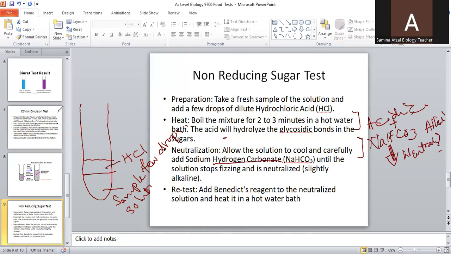Now, how can you come to know that the non-reducing sugar has been changed into the reducing sugar? For this purpose, you are going to conduct the Benedict test over it.